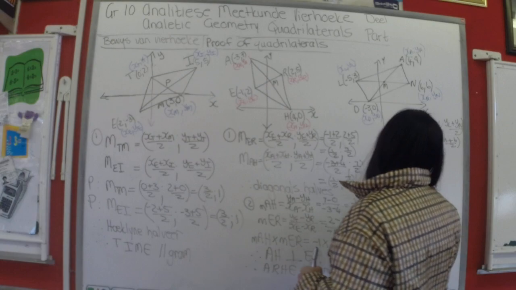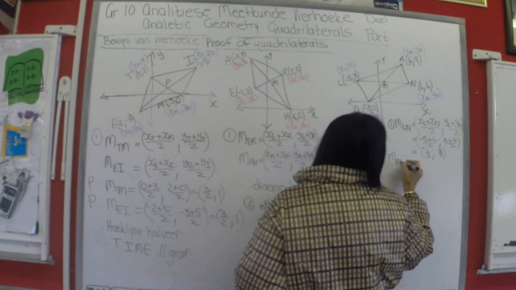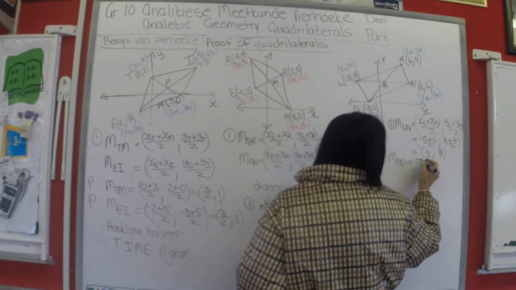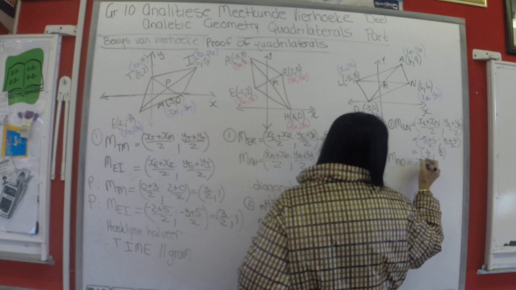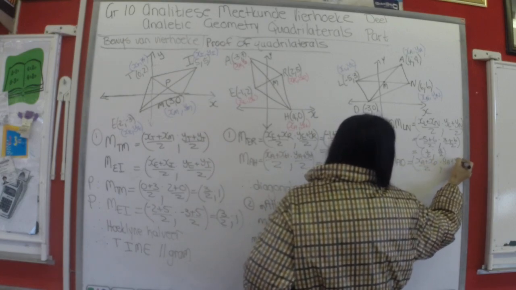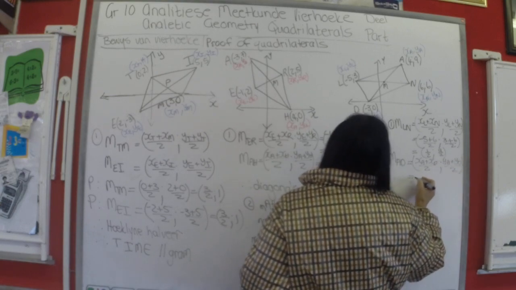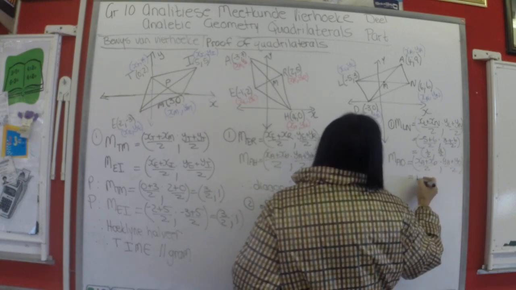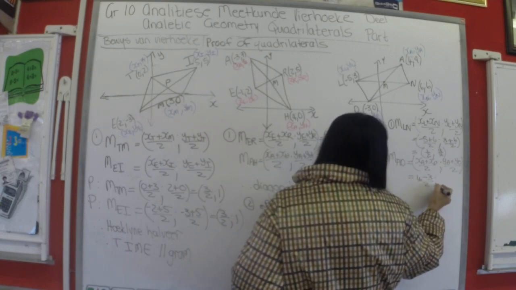Kom ons werk uit die middelpunt van AD. So ons het die x van A plus die x van D op 2. Die y van A plus die y van D op 2. Now let's do substitution. We've got the x values, so we can add them, gedeeld deur 2.